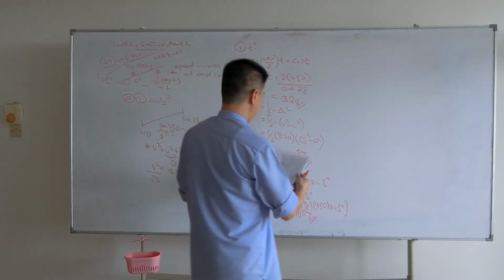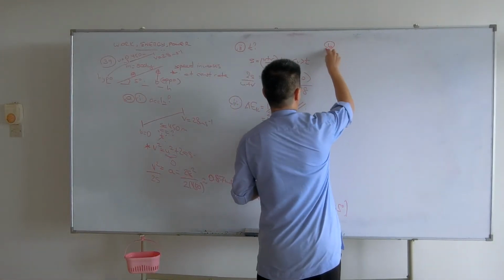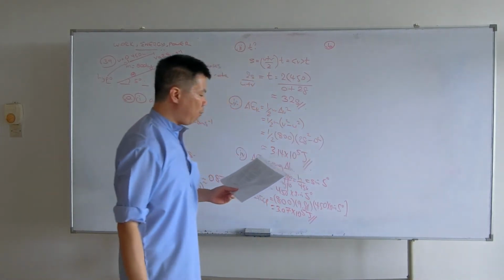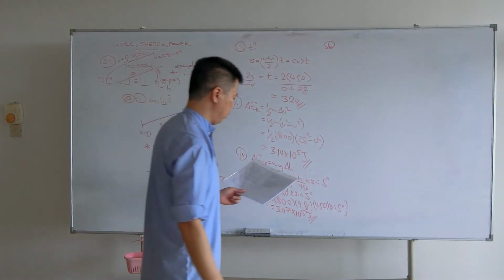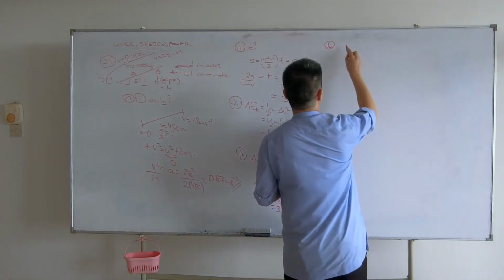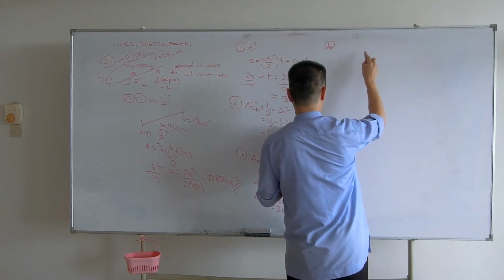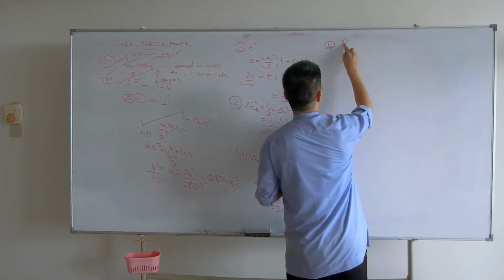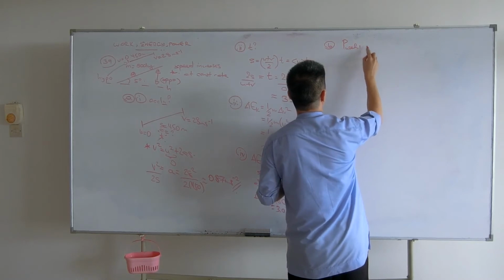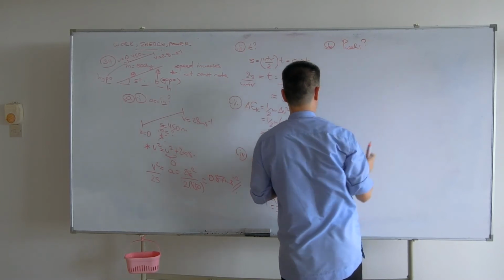Then we go to B: use your answers in A to determine the useful output power of the car. So you define useful output power. P useful, what is it equal to?